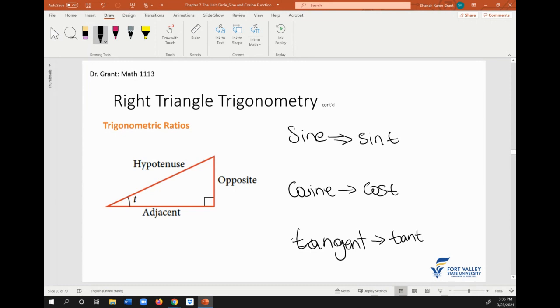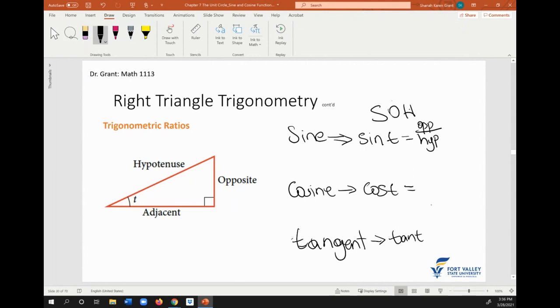So the ratio for sine of t is going to be your opposite side, just say OPP for opposite, over your hypotenuse. You may hear sometimes the phrase SOH. This is something we use to remind ourselves, so sine is opposite over hypotenuse.